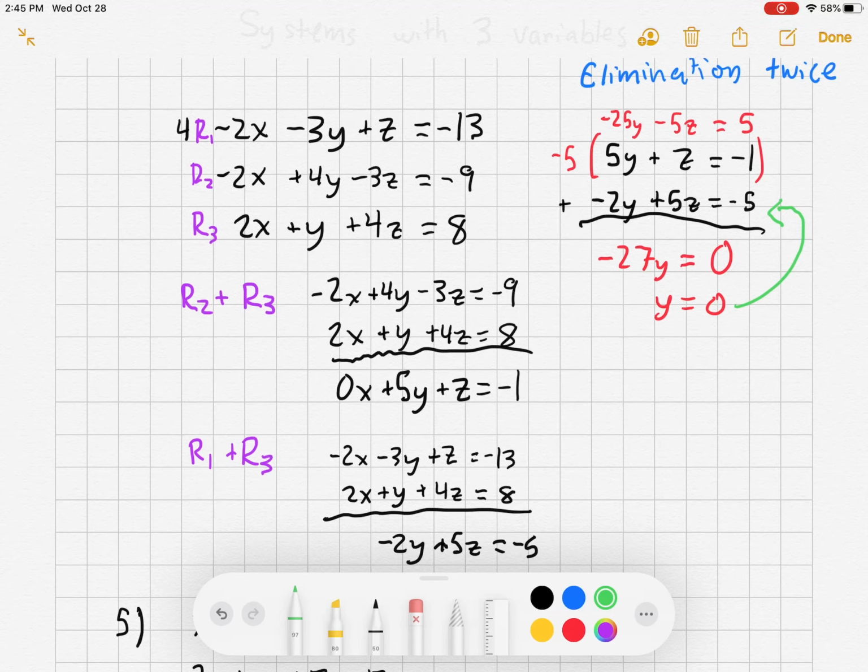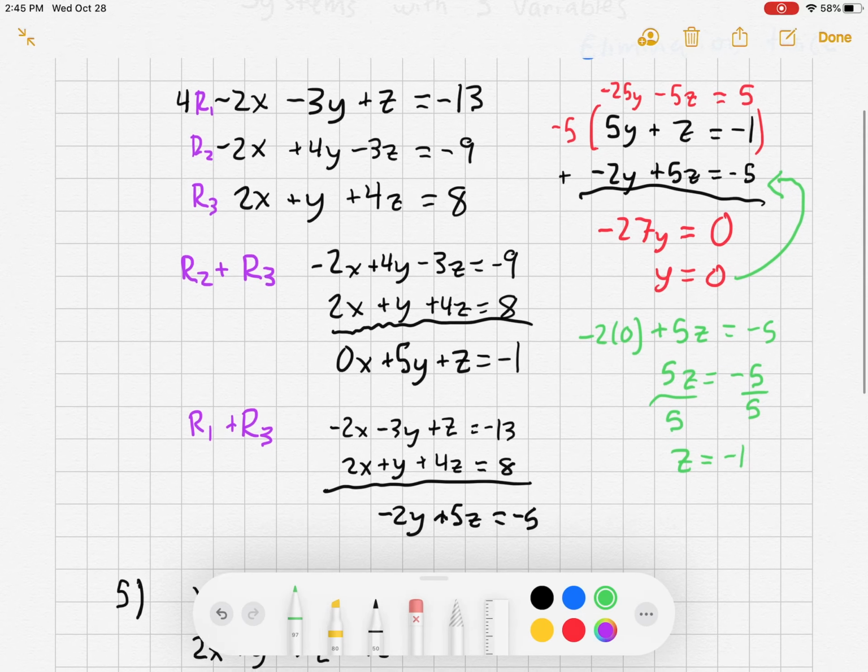And if I plug in the y, that should tell us what the z is. So let's go ahead and do that. Negative 2 times 0 plus 5z equals negative 5, which is the same thing as 5z equals negative 5. Divide by 5, z equals negative 1.